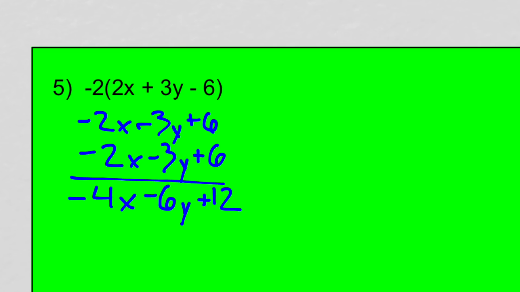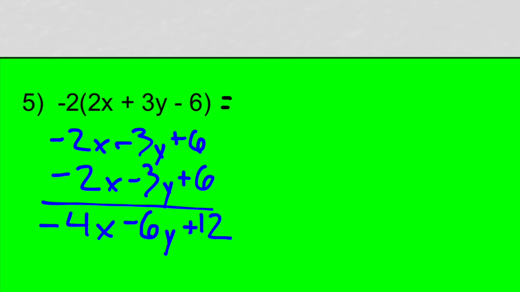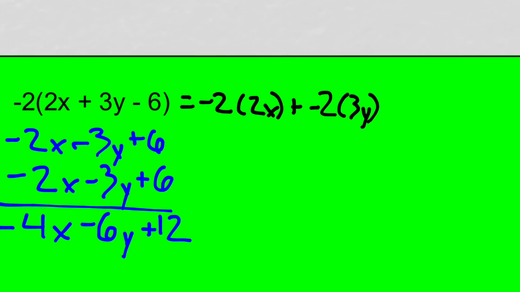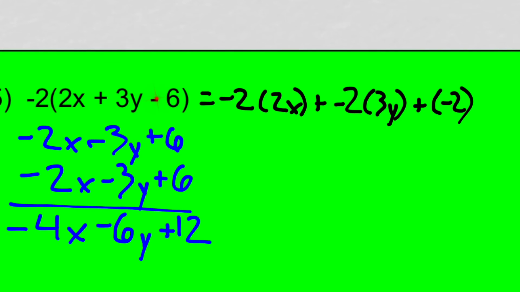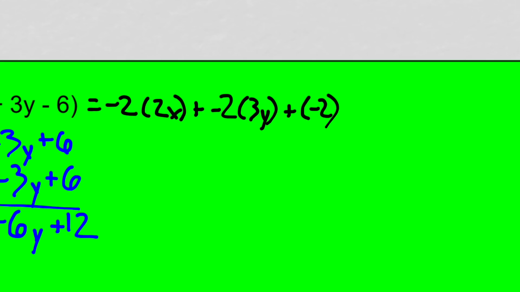Now, if I was to do this by just distributing the negative 2 to each term, this means negative 2 times 2x plus negative 2 times positive 3y. And then plus negative 2 times, remember this is a negative 6, negative 2 times negative 6.